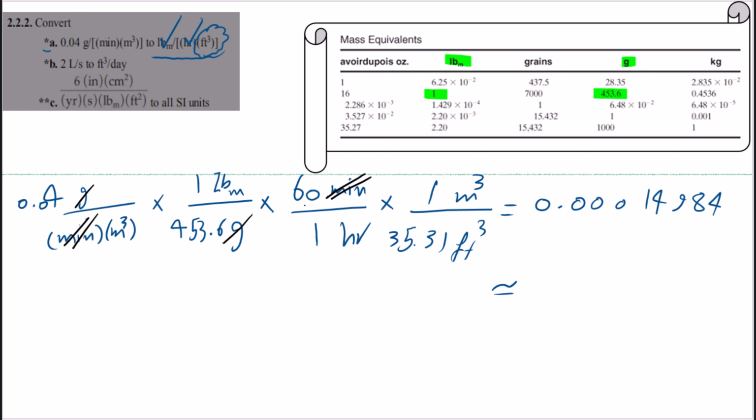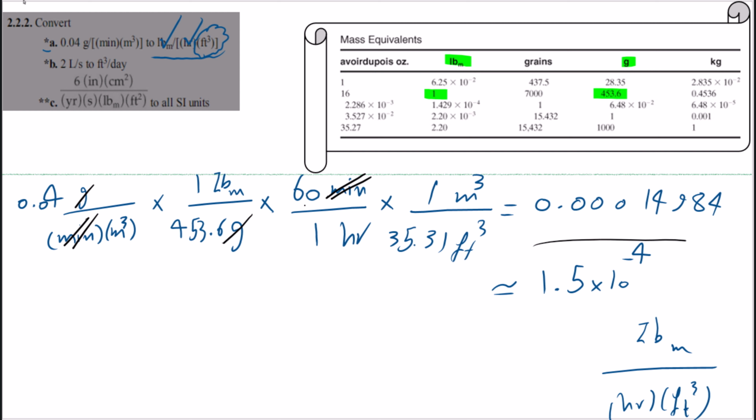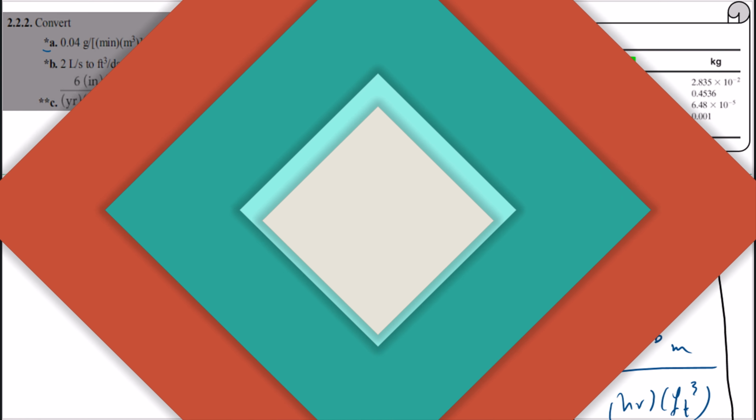You can write it as 1.5 multiply 10 power minus 4, and the units are pound mass per hour multiply cubic feet. This is our answer. Let's go to the next question.